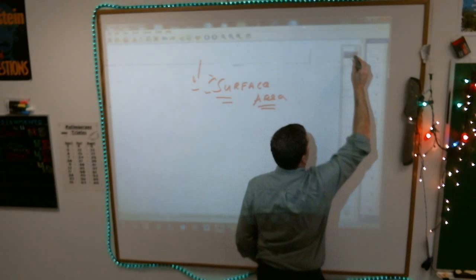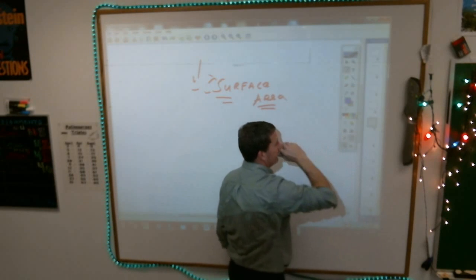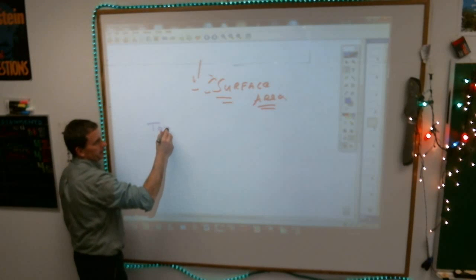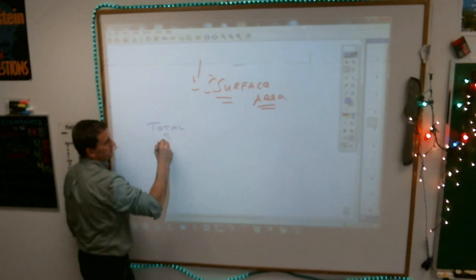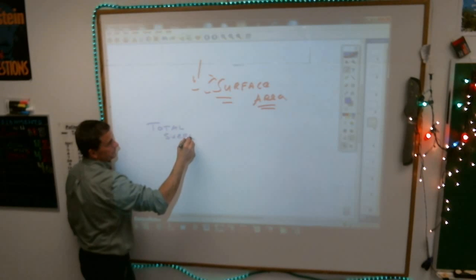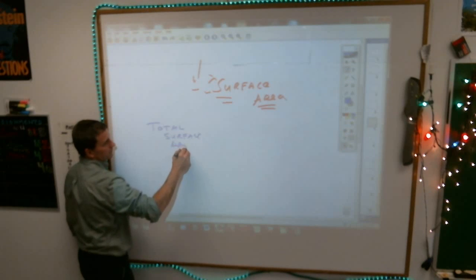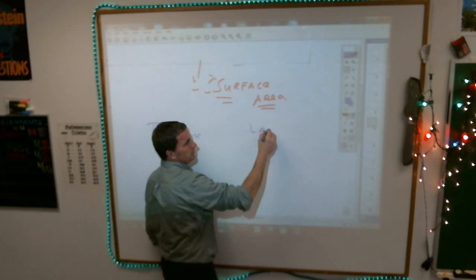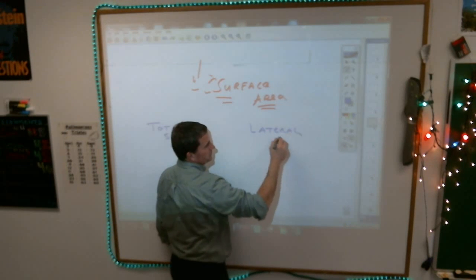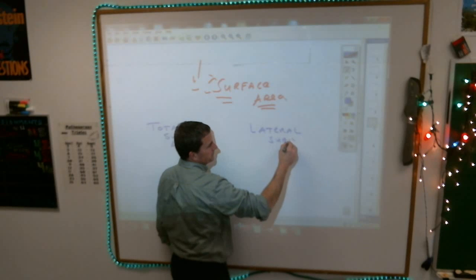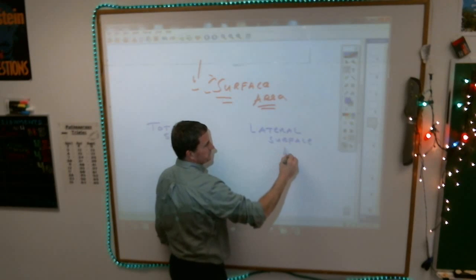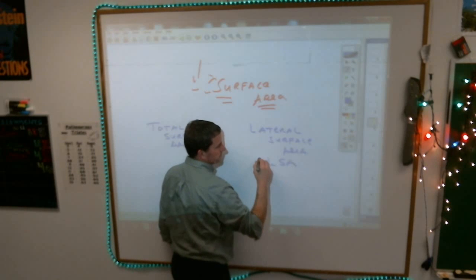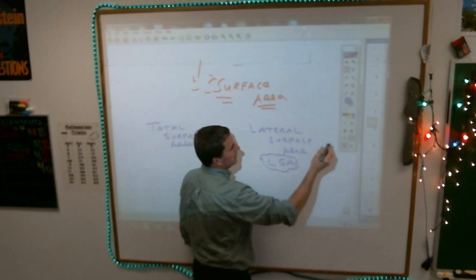And surface area, there's two parts that you have to talk about. One of them is total surface area, and one of them is what is called lateral surface area, or LSA, if you go that way.